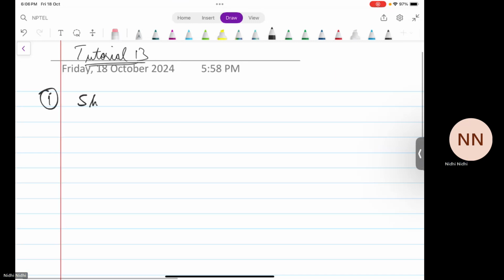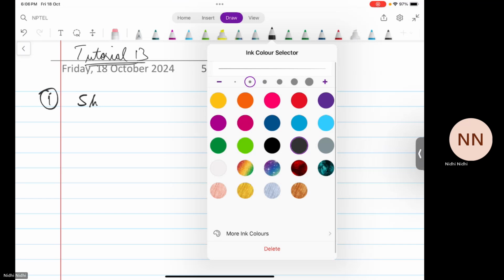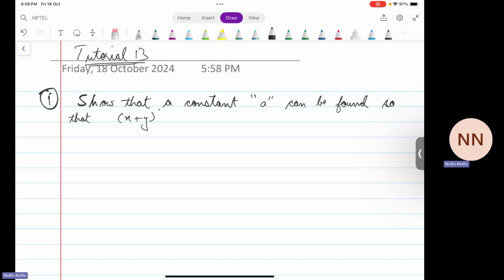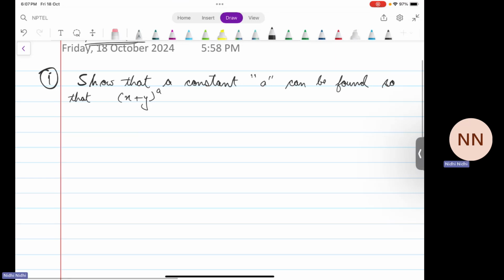Show that a constant a can be found so that (x plus y) to the power a is an integrating factor.